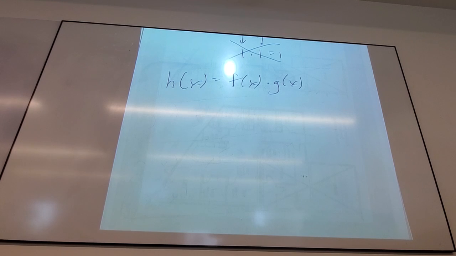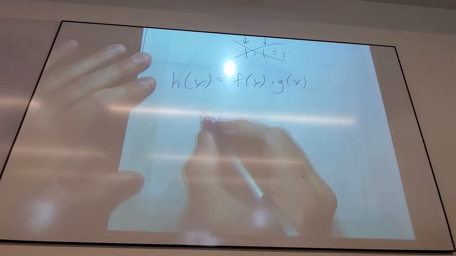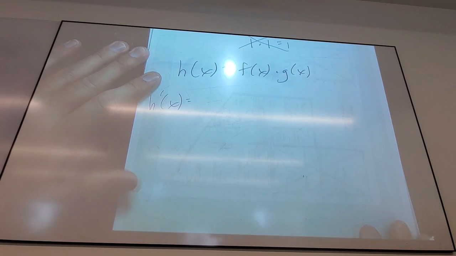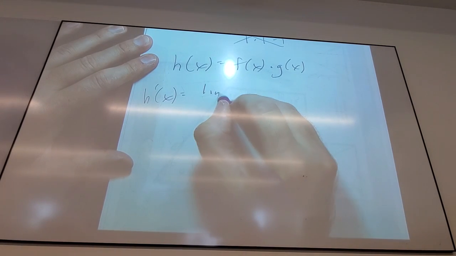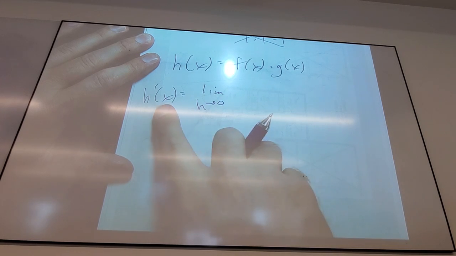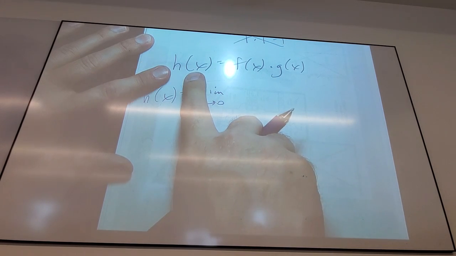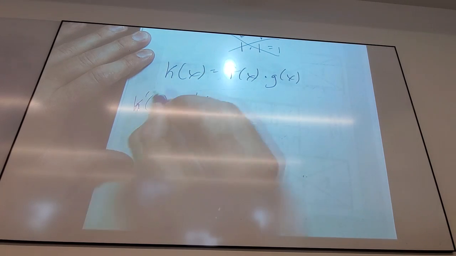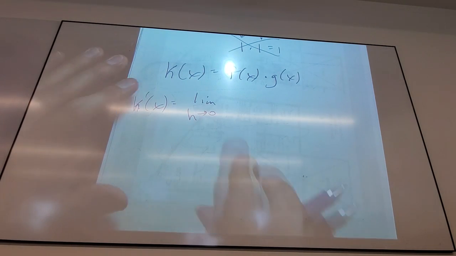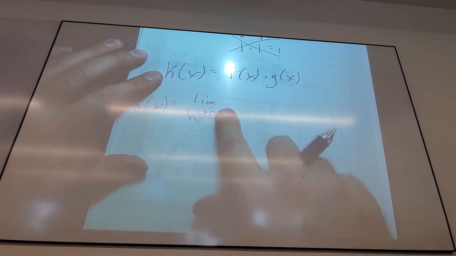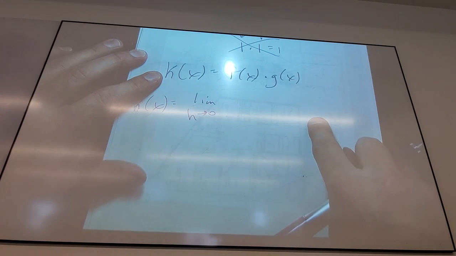So let me see if you really get this. If I want to figure out what h prime is, let me change this to k, so I don't have all the h's running. If I want to figure out what k prime is, don't I need to know the limit of k of x plus h?